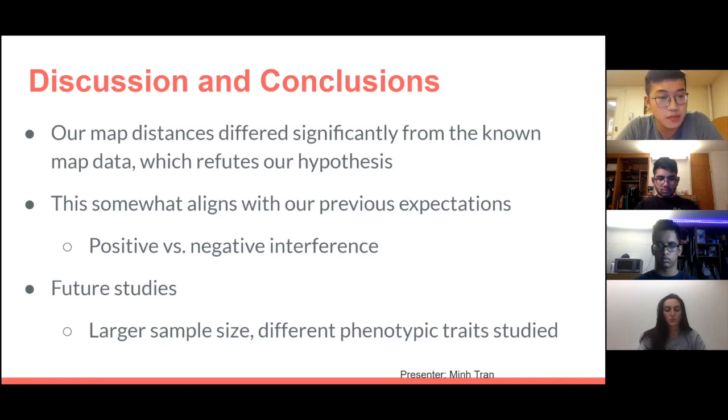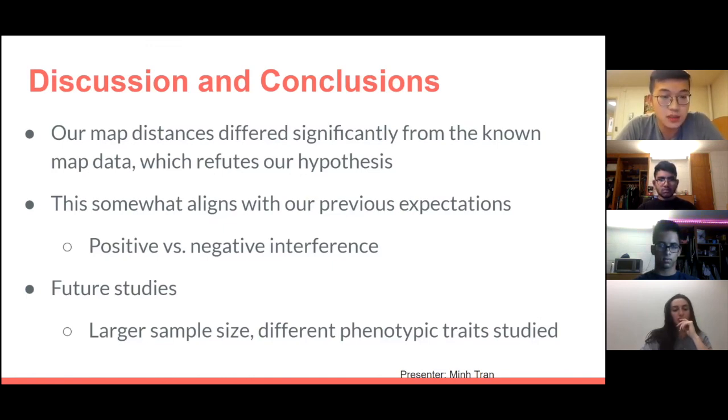However, our data can perhaps be somewhat justified by the fact that interference does decrease as the genes in question are located farther apart. And the genes that we're looking at right now are not exactly extremely close, especially between black and vestigial, according to Flybase. However, a large percentage of these results can also definitely be attributed to flaws in experimental design.